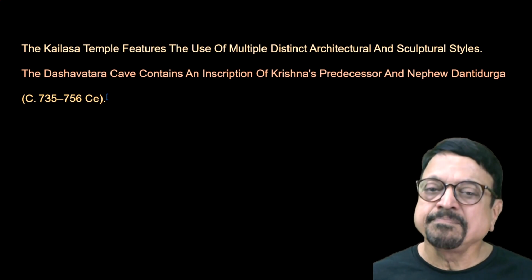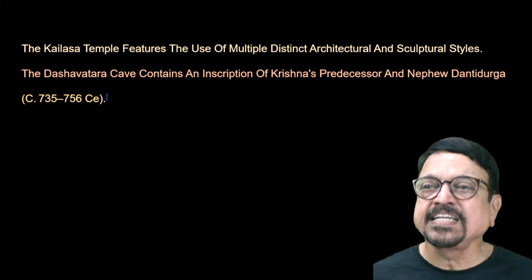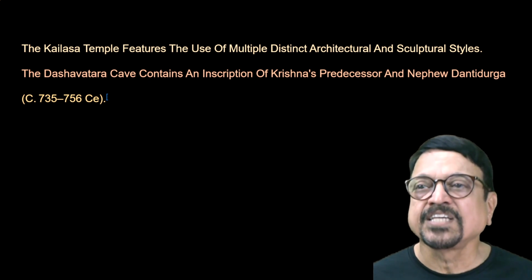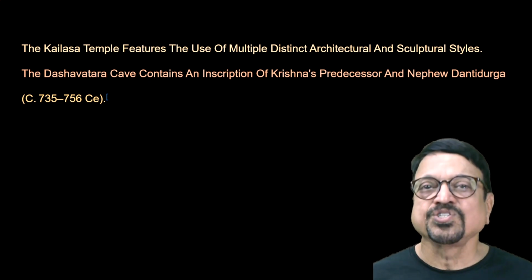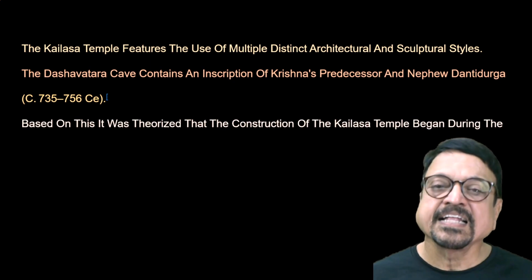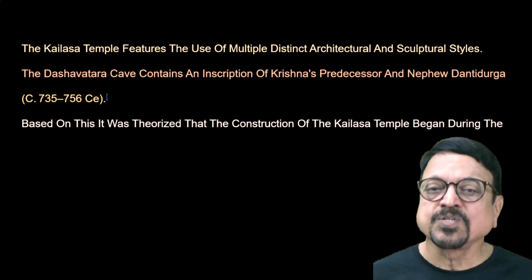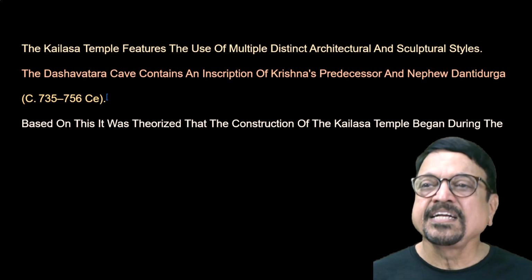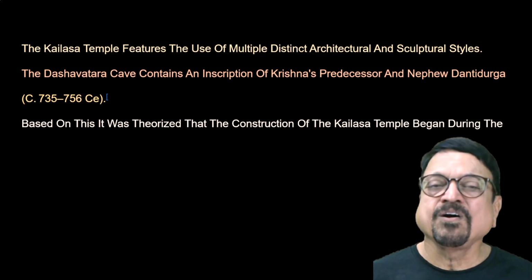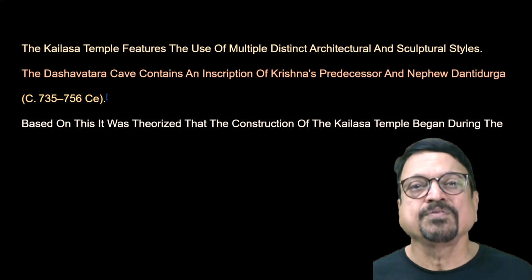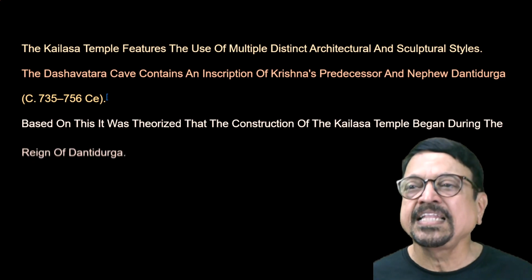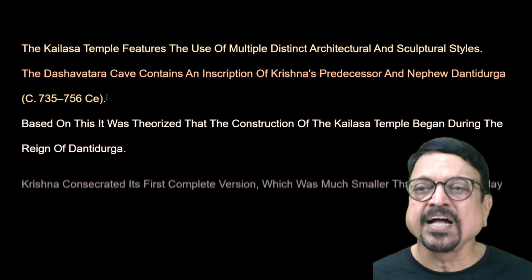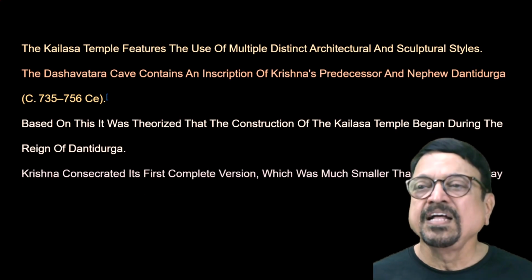And these, chronologically, are between 735 and 756, so around 20 years. The temple construction was handed over from one person to another. Based on this, it was theorized that construction of the Kailasa temple began during the reign of Dantidurga, who was followed by Krishna.